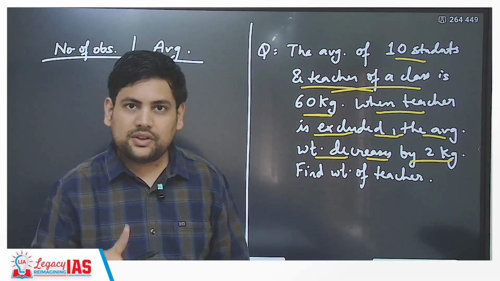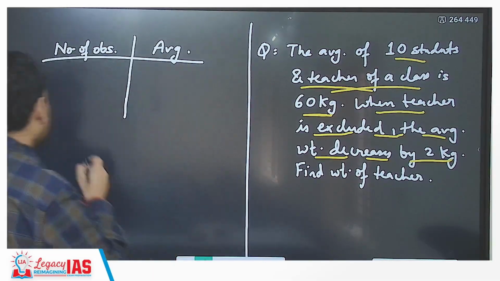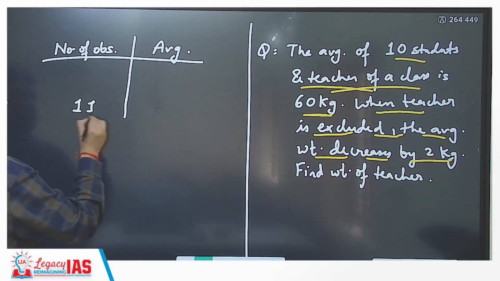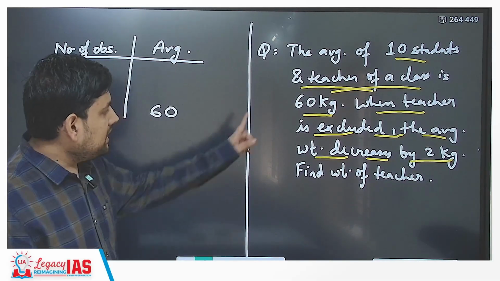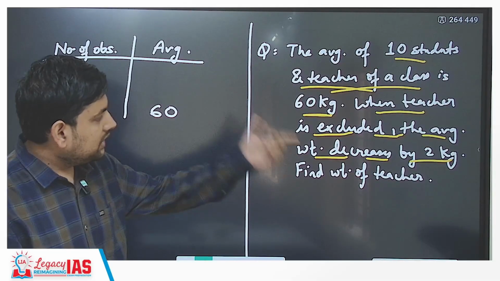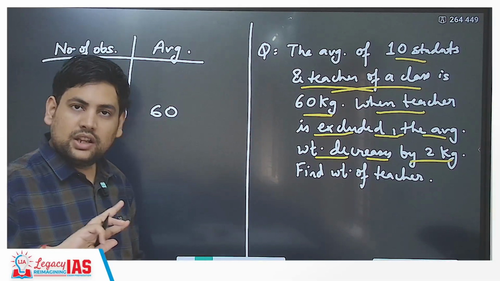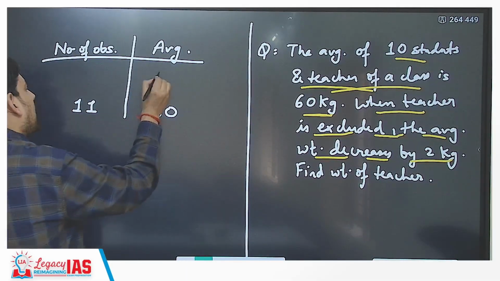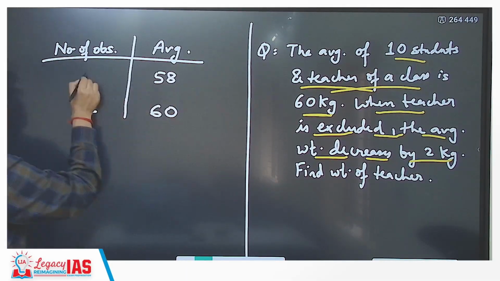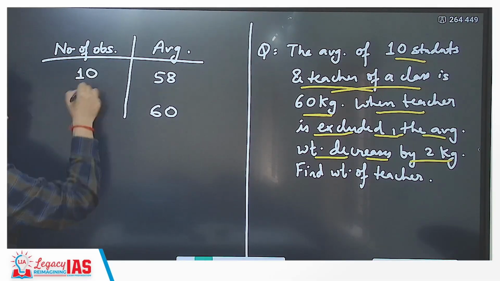So total observations 10 students plus one teacher, that is 11 observations, and average is given as 60. Then when the teacher is excluded, the average weight decreases by 2 kg. So I write here 58, and number of observations 1 less, because I have removed the teacher.